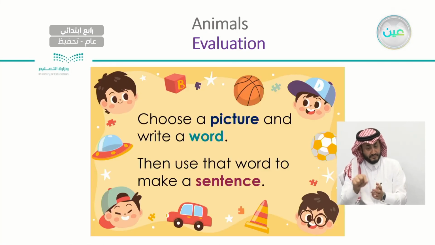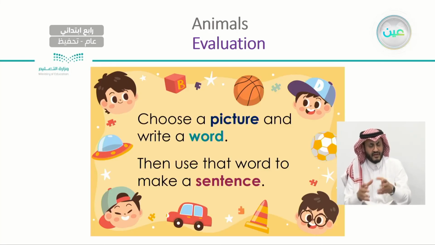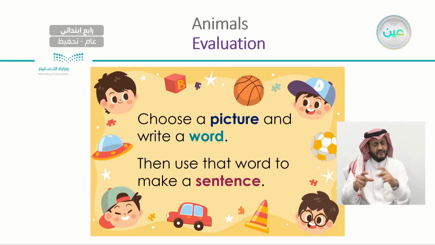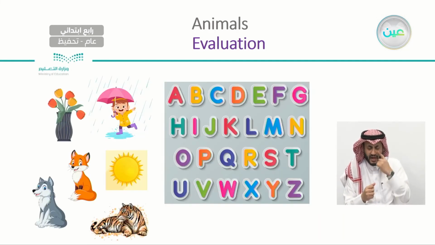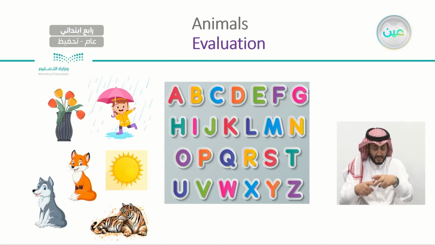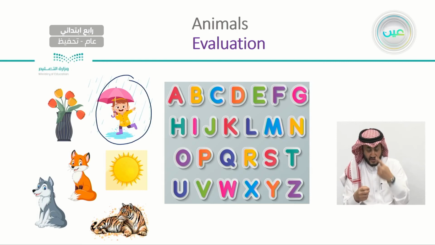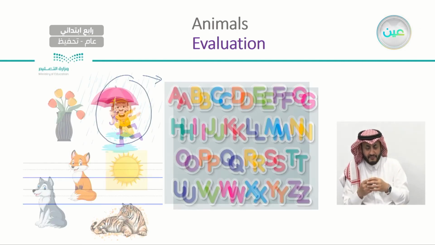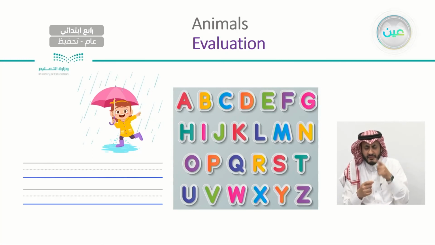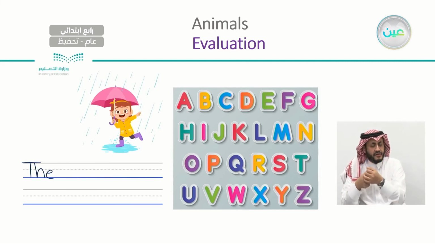Excellent. So now choose a picture and write a word. Then use that word to make a sentence. Just like what we did. So I choose this picture. I will use what I learned to write a sentence. What can we say about the girl? The girl, what is she holding? An umbrella.